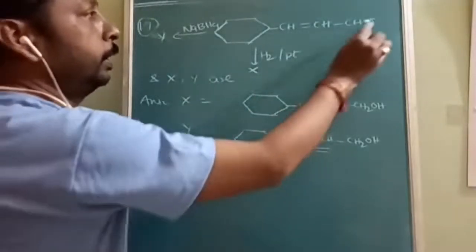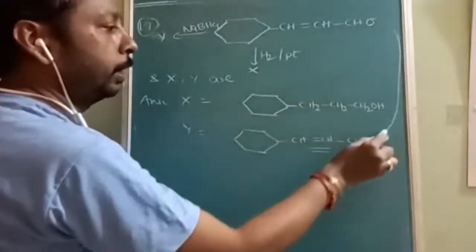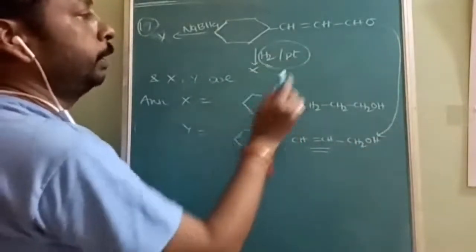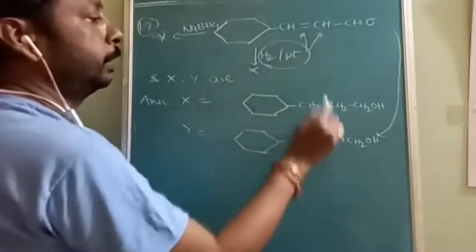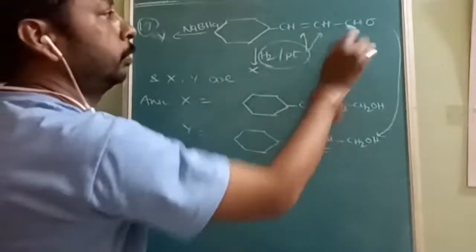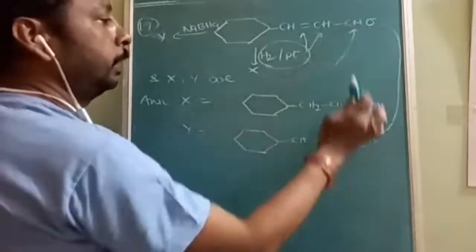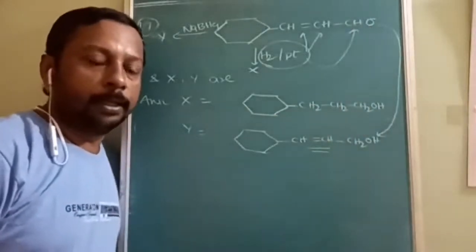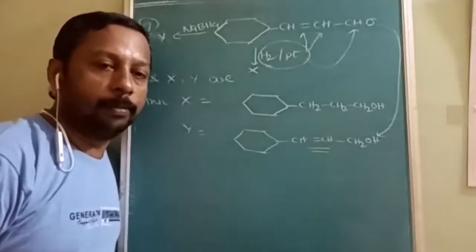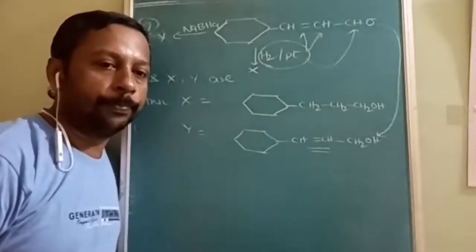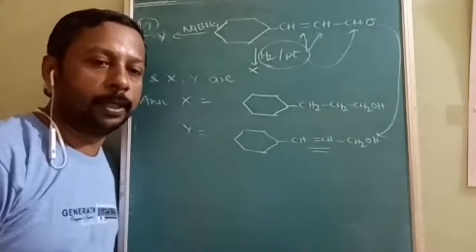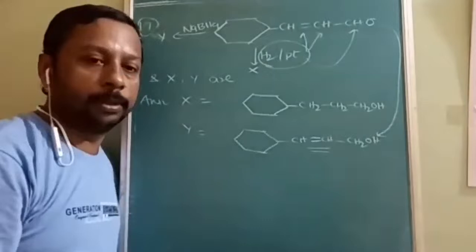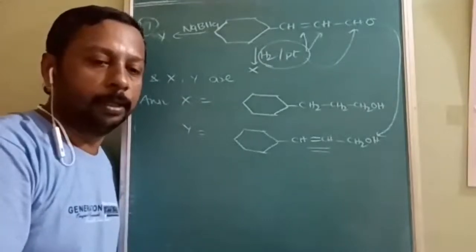It selectively reduces only aldehyde to alcohol, whereas H2 over Pt can change the double bond into a single bond and also the aldehyde into alcohol. NaBH4 reduces only aldehyde to the corresponding alcohol without disturbing the double bond.